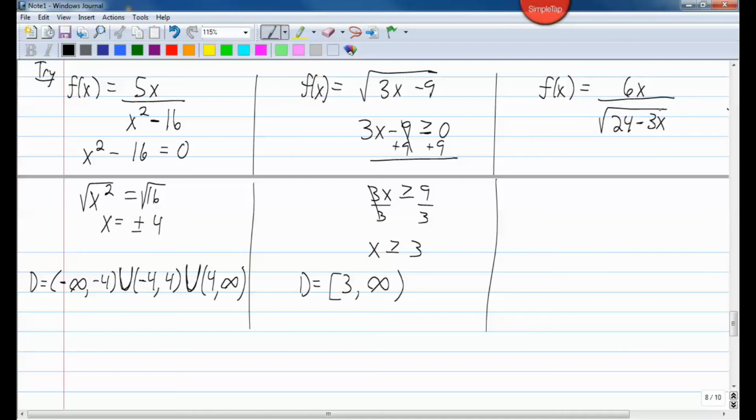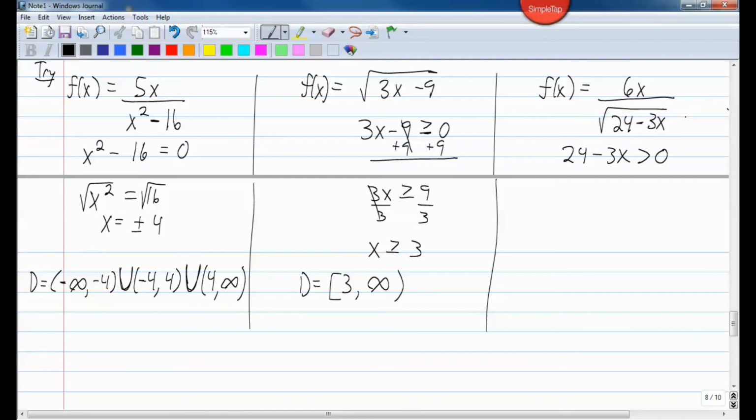It's under a radical, so it has to be greater than 0, not equal to, because we don't want to divide by 0. So I say 24 minus 3x is greater than 0. I don't put an equal to sign, because I don't want the denominator to be 0.